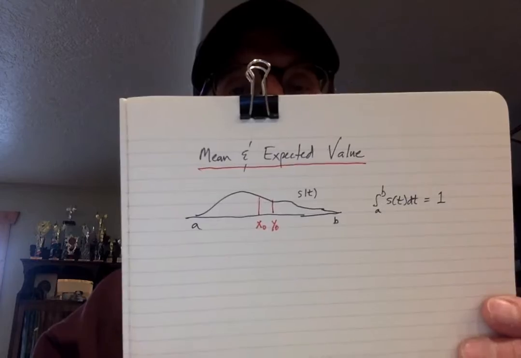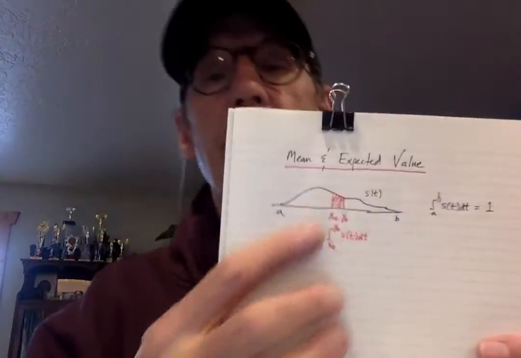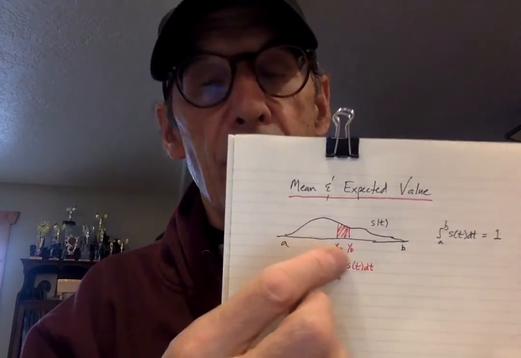And we also know that if you look at the integral from x0 to y0, I don't know why I picked those letters, but I did, the area there is the proportion of the observations that fall between x0 and y0.